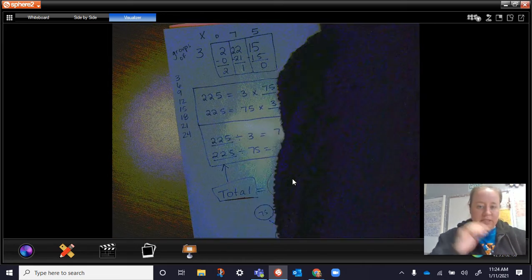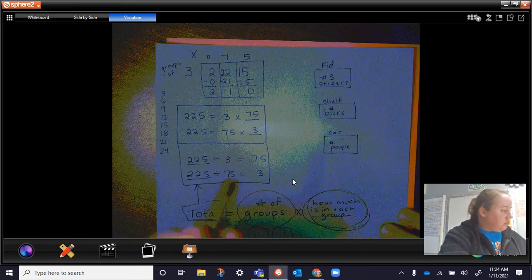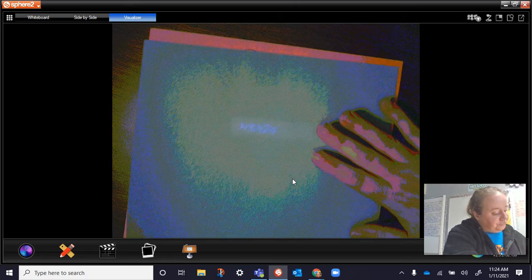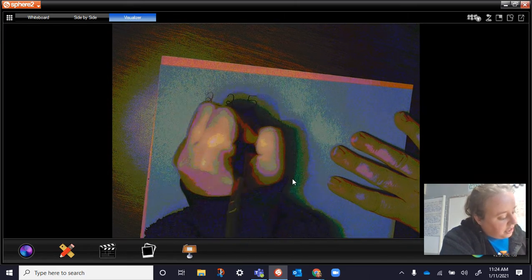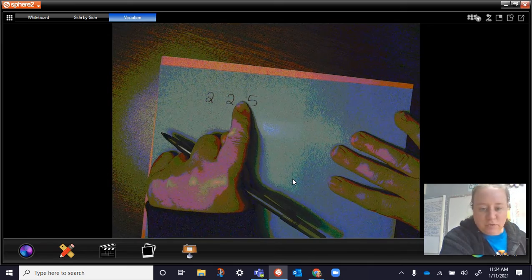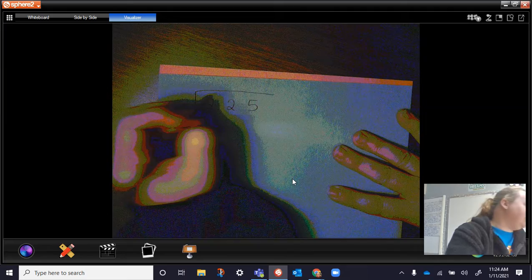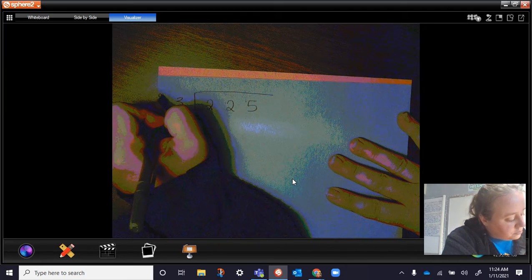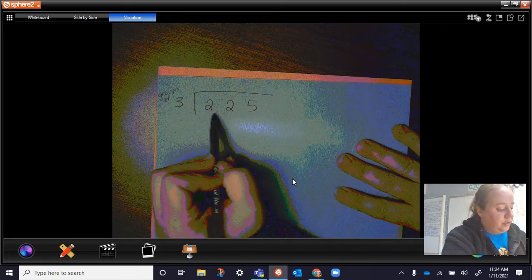So this is what it looks like. We took 225, and you want to put about a finger space in between each of these numbers. So 225 was our total, and we are dividing that by 3. So we're trying to see how many groups of 3 there are in 225.